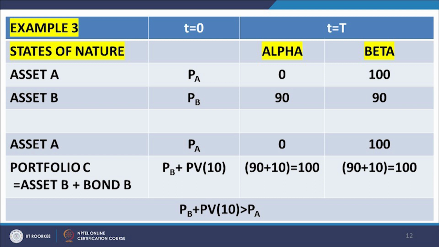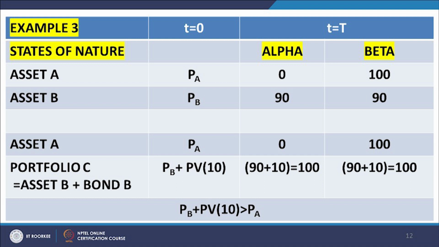In state alpha asset A gives you 0, in state beta asset A gives you 100, asset B gives you 90 in state alpha, and asset B gives you 90 in state beta. Can we say anything about arbitrage based on this information?